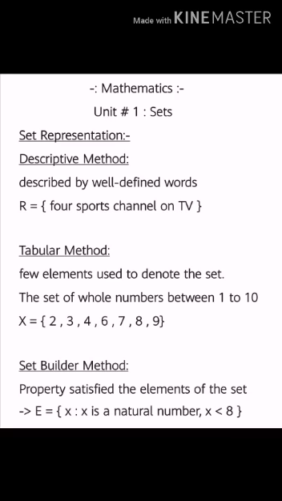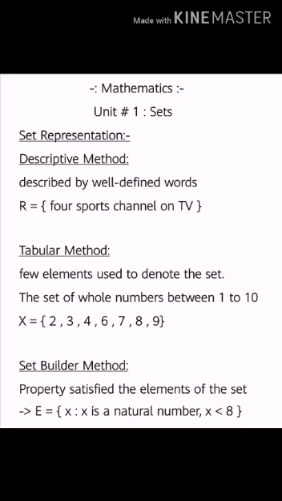The next method we have is the set builder form or set builder method. In this method, the property satisfied by the elements of the set is given instead of listing them. Here we will see the example: A = {x : x is a natural number and x is less than 8}.